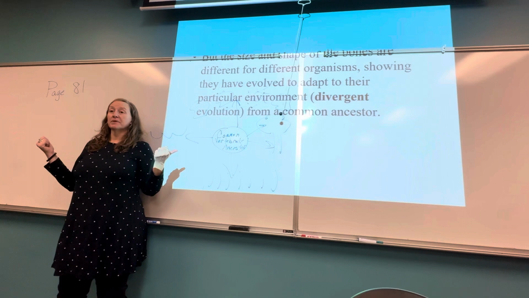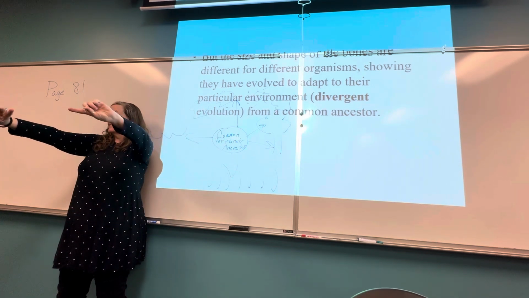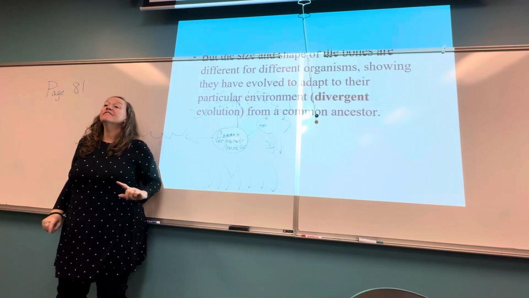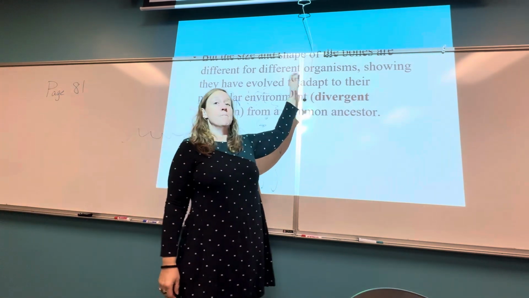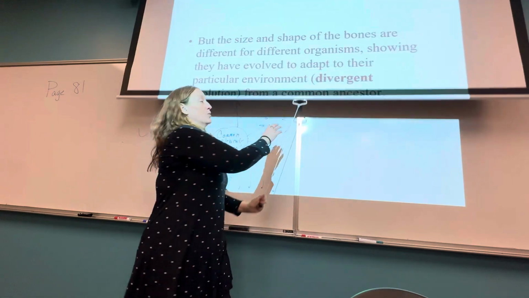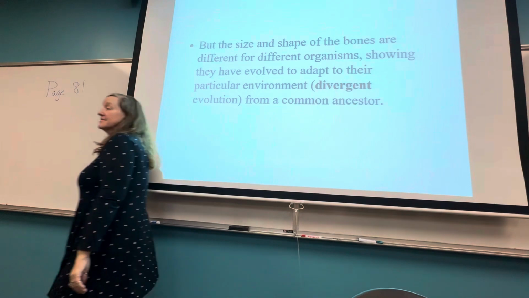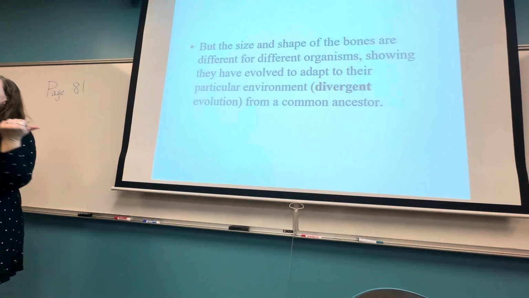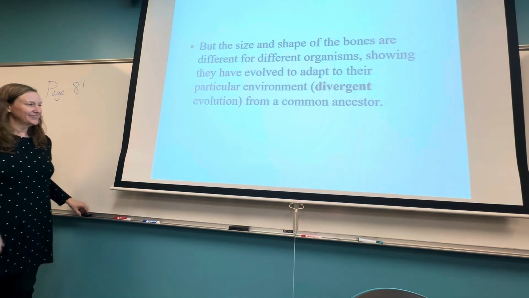They're moving away from the common ancestor. If something moves toward a common ancestor, it's called convergent evolution. So when we're talking about homologous structures, organisms are moving away from the characteristics of the original common ancestor. They are diverging away. They're going in an opposite direction.